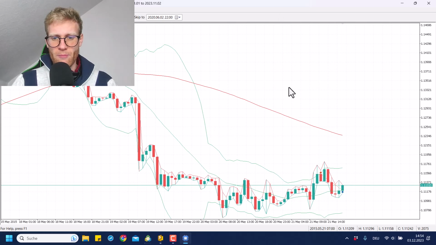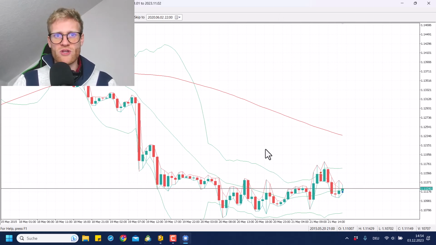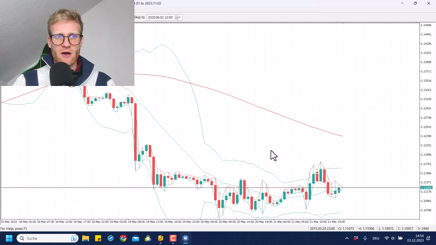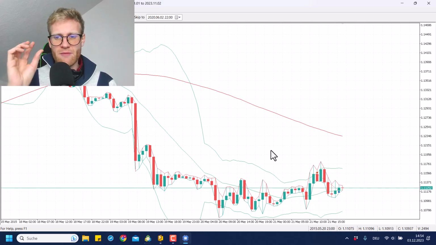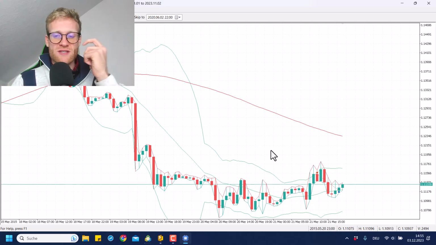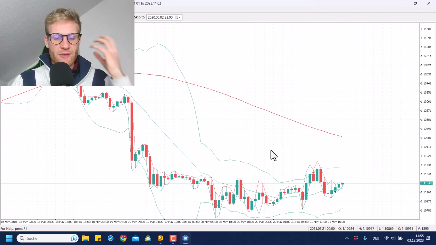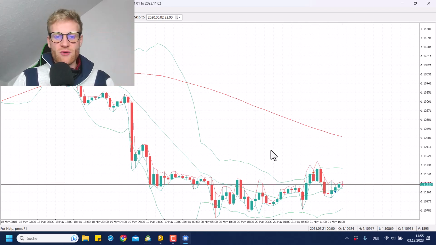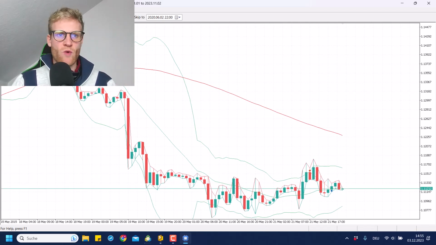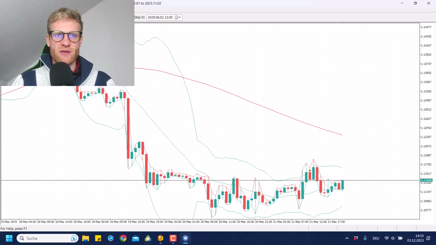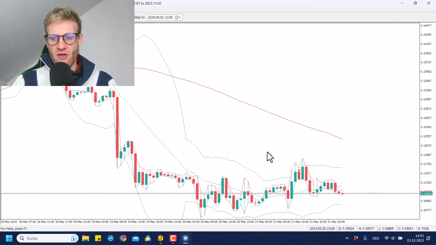This is based for me on GMT plus 2, which is a time base that a lot of brokers use, especially if you're trading with big brokers like IC Markets, or if you are using a broker located in the EU somewhere, chances are kind of high that it uses GMT plus 2 as a base for their server time.